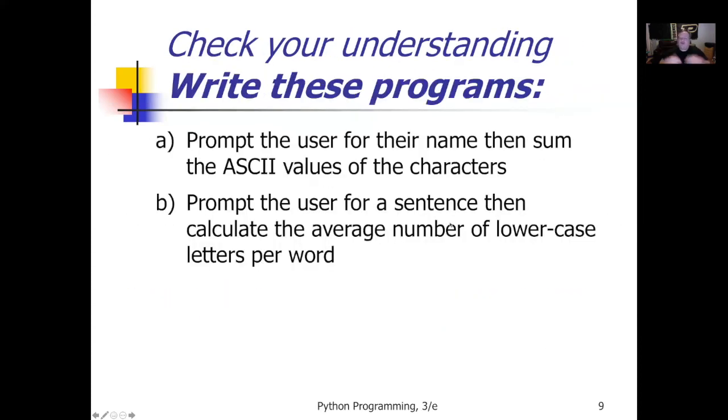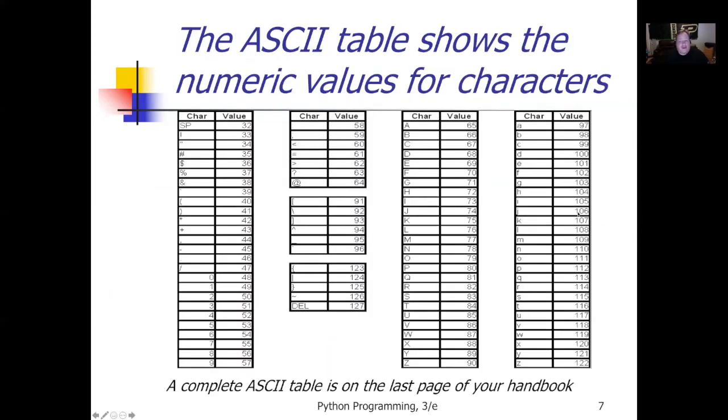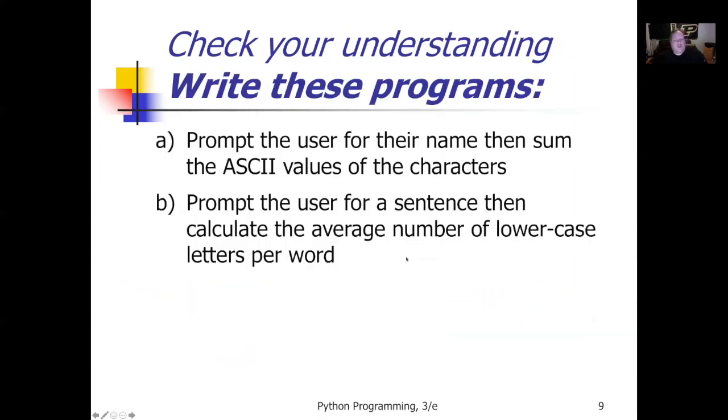But I don't want to do it just once. I want to be able to do it with any name. So I'll prompt the user for a name, then sum up the ASCII values of the characters and display that result. How about I prompt the user for a sentence and calculate the average number of lowercase letters per word? How do I know if they're a lowercase letter? Well, I could look at their ASCII value, or I could create a sequence of characters that are all the lowercase characters.